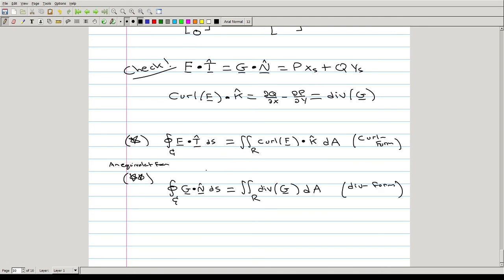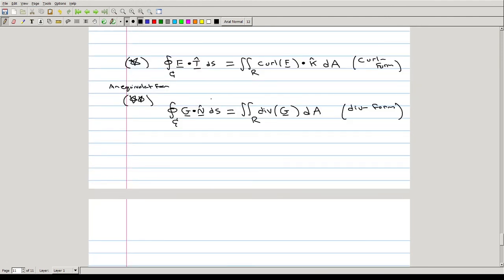The curl form of Green's theorem is saying that the total circulation around any closed curve of a vector field f is exactly equal to the accumulation of curl inside the region R. The divergence form of Green's theorem is saying that the total flux of the vector field normal to the curve C, so the stretching of the vector field normal to the curve C, is exactly equal to the accumulation of divergence inside the region R. So the accumulation of stretching of the vector field inside the region R.